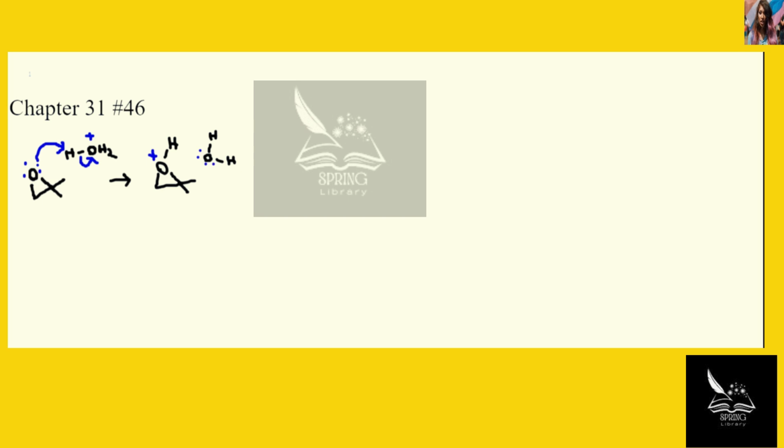So the water is a nucleophile. These are acidic conditions, so the nucleophile attacks at the more substituted carbon of the epoxide. And so that's what we see. This is going to open the epoxide. So the epoxide is now opened.